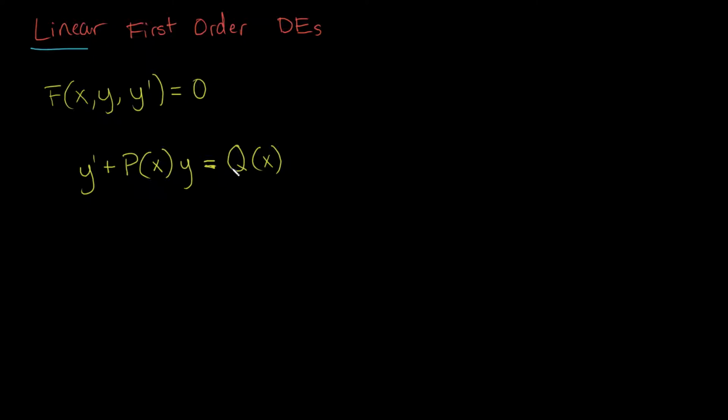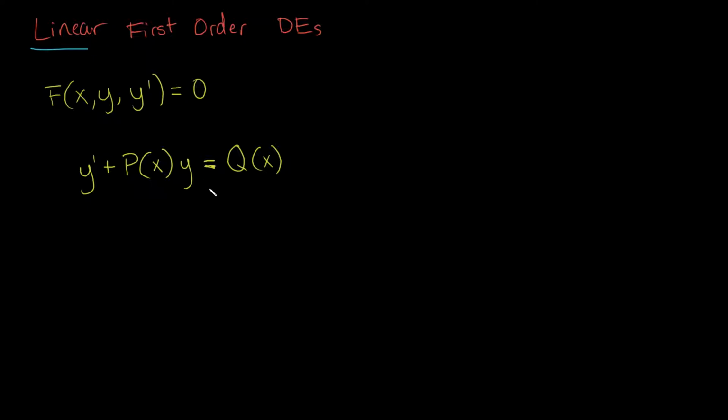Now, if we have this linear first-order differential equation, how do we solve it? That's the next important question. Well, the way that we're going to solve this stems from an observation about its form.